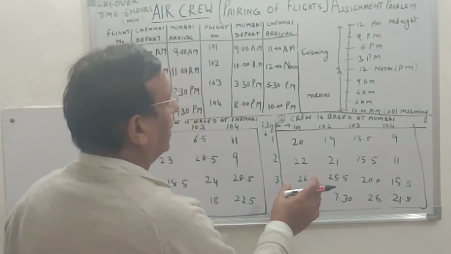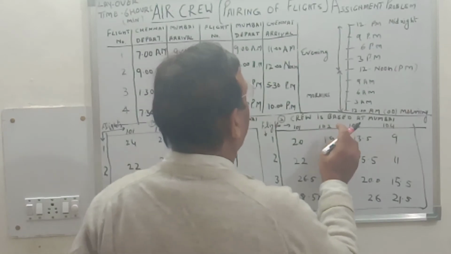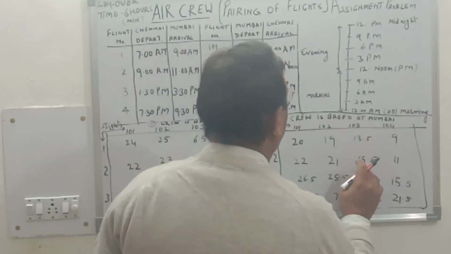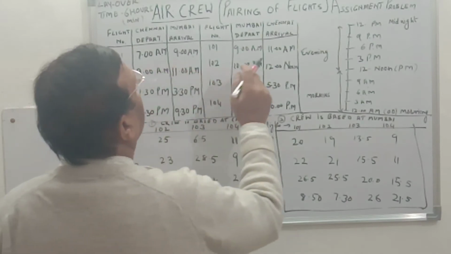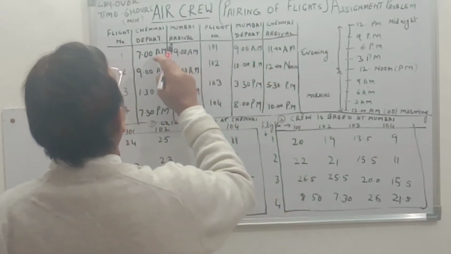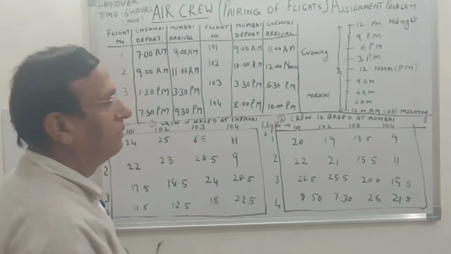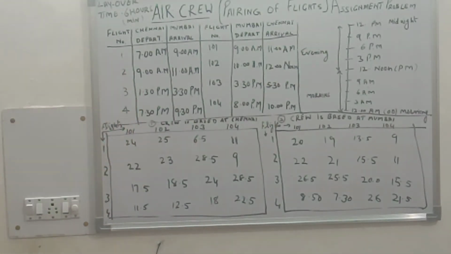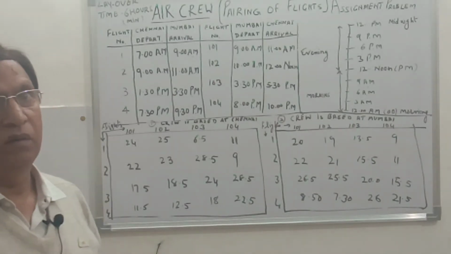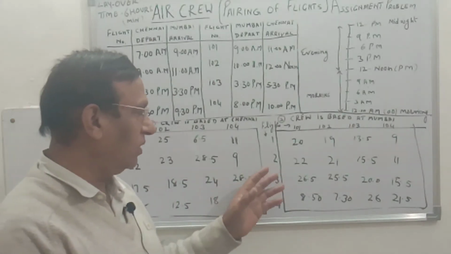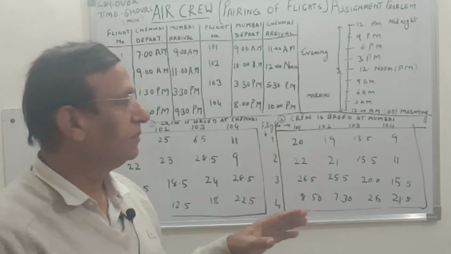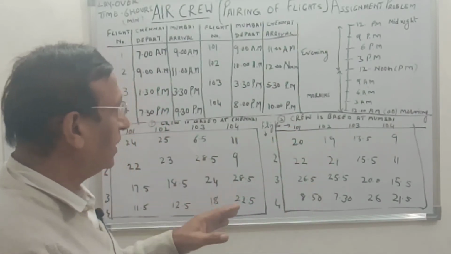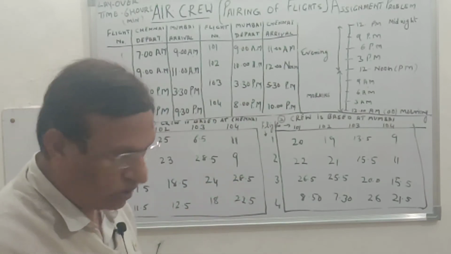And when you make the second table, where the crew is based at Mumbai, you have to calculate the time between Chennai arrival to Chennai departure. So check the times before proceeding further, because if there is a mistake in calculating the time, all your further calculations will be wrong. So we have checked that the times are correct now.